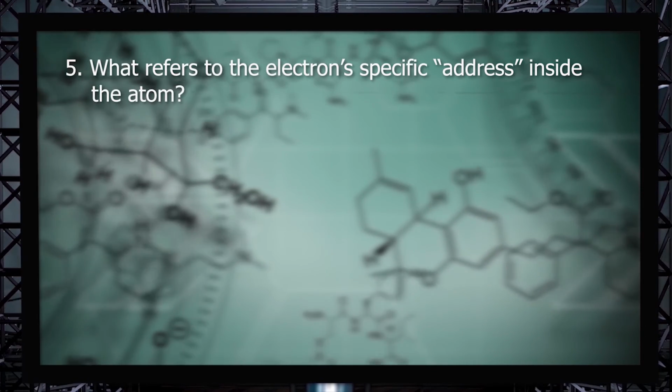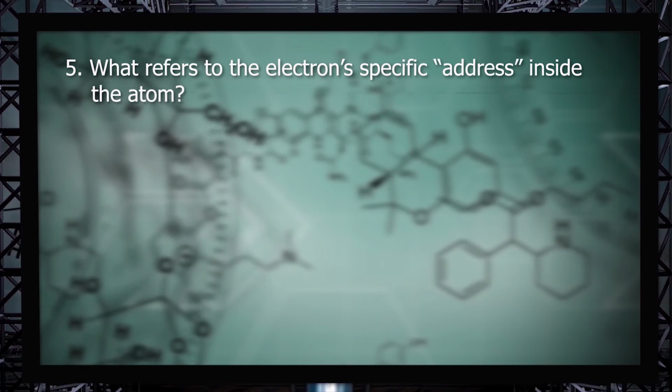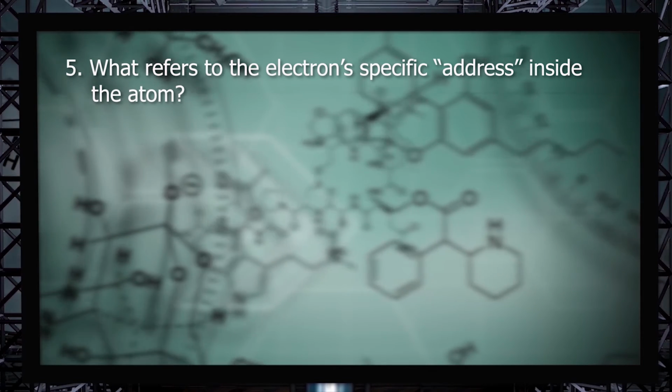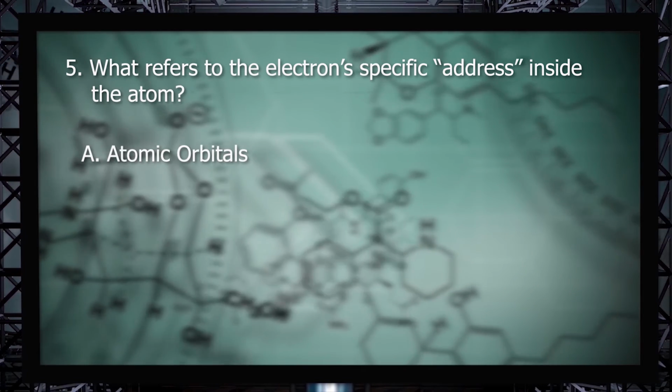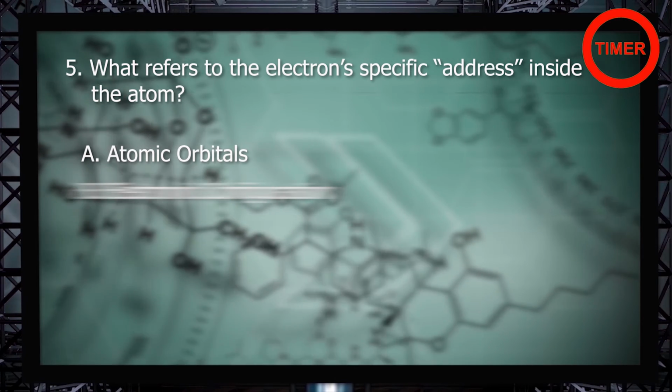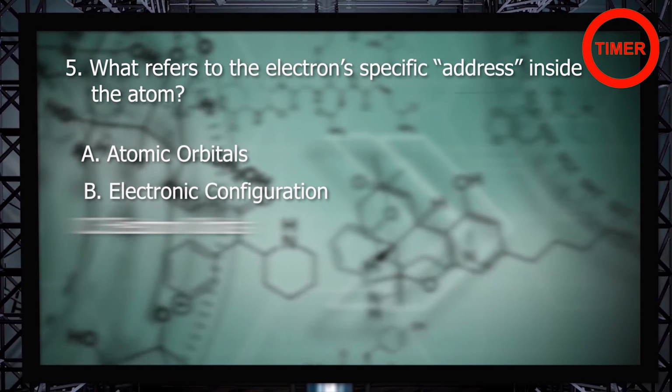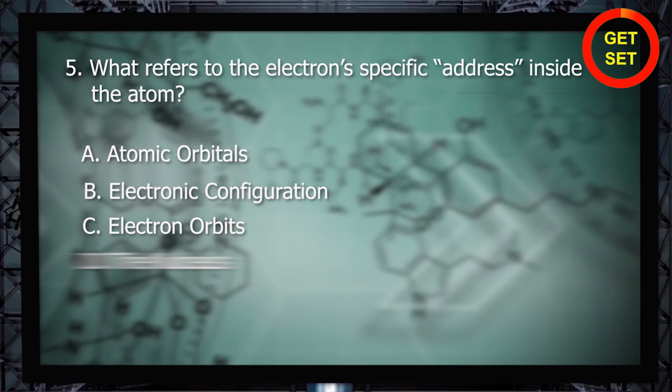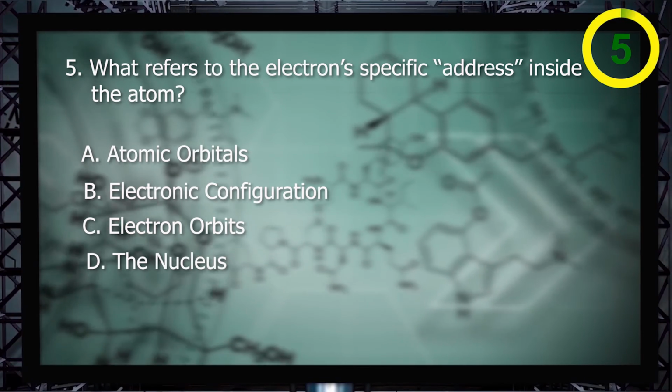Number 5. What refers to the electron's specific address inside the atom? A. Atomic orbitals. B. Electron configuration. C. Electron orbits. And D. The nucleus.